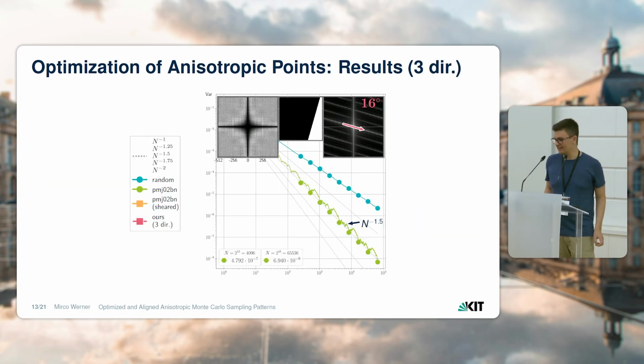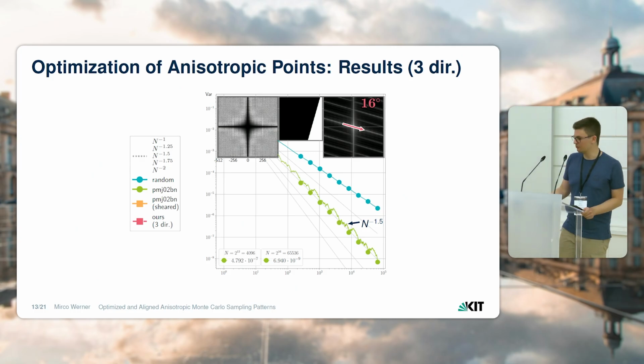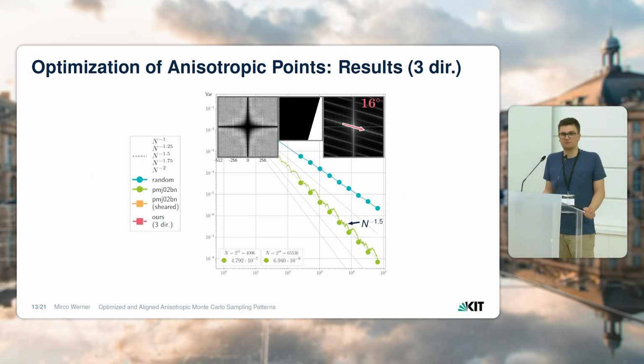Okay, let's take a look here at some convergence plots now. Again, I'm plotting here the convergence rates of the variance of the Monte Carlo estimator. And here we want, again, to integrate this 2D discontinuous function with this arbitrary orientation. And we can see here when we use an existing point pattern, which can only align with two of these three high energy directions, that we get this expected poor convergence rate.